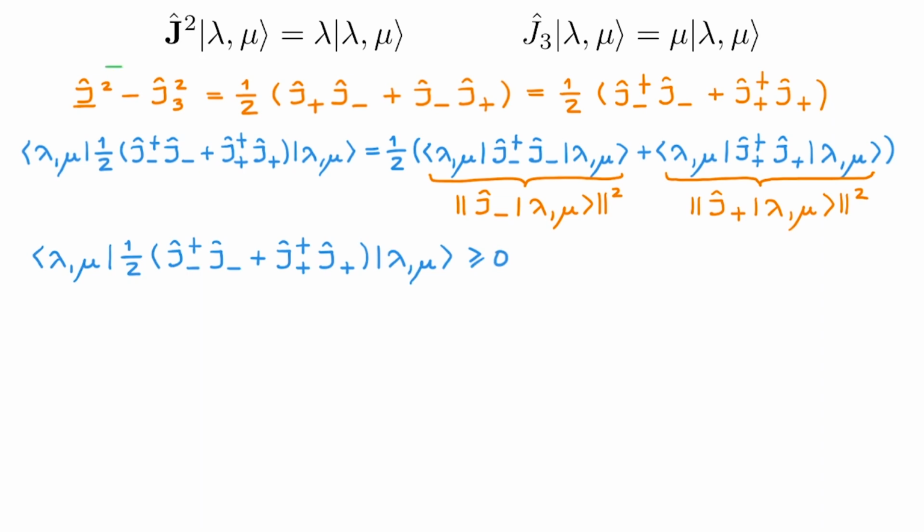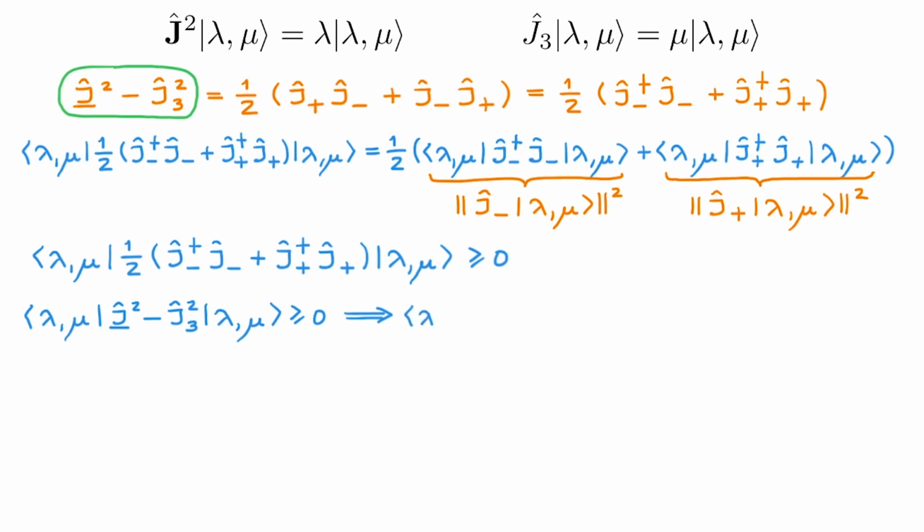If we now use the left-hand side of the equality at the top, this result implies that the expectation value of j squared minus j3 squared with respect to lambda mu must also be larger than or equal to 0. Expanding this expression, we get these two terms.